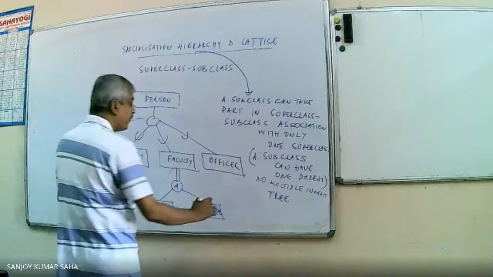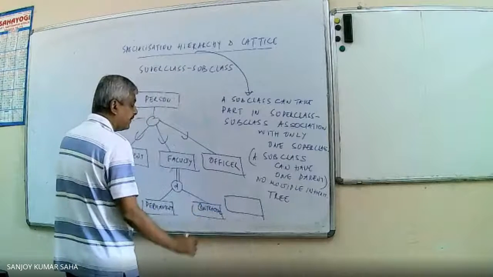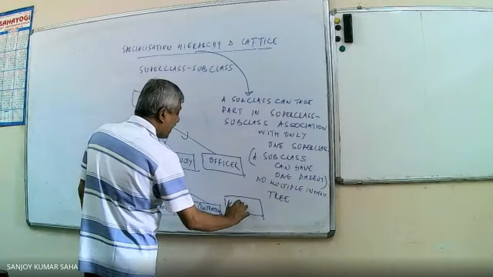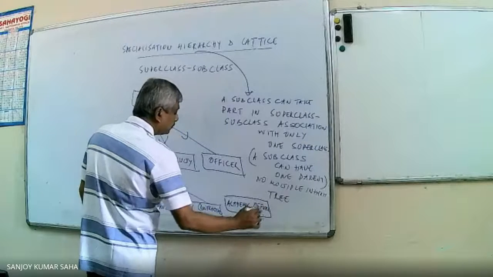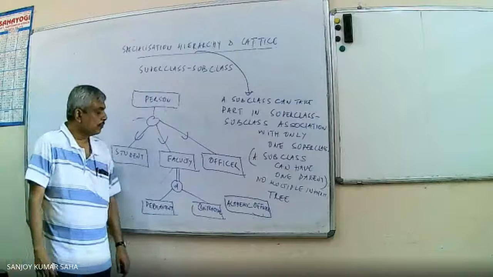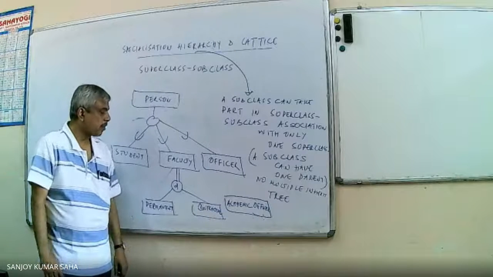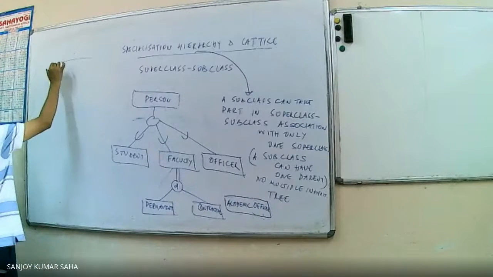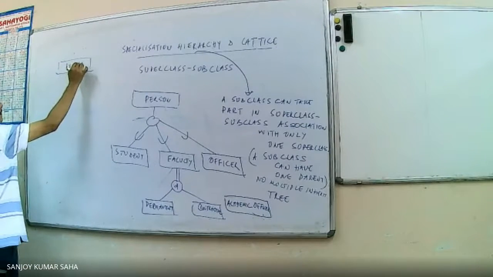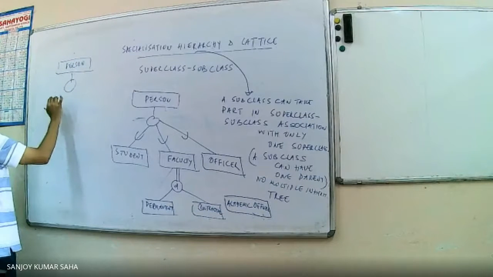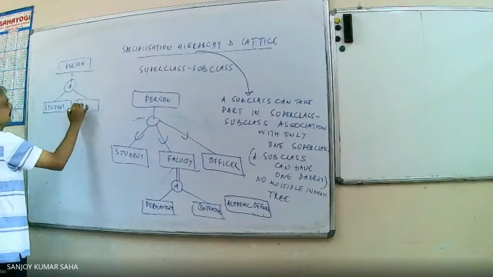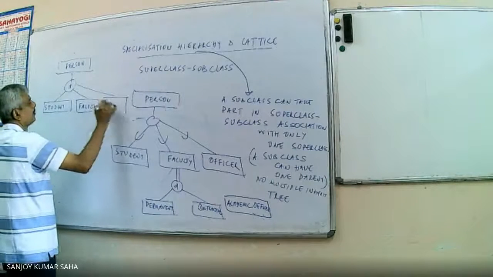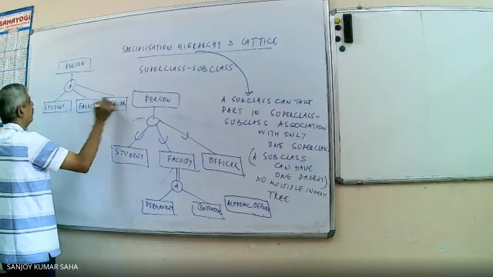Now suppose we have a subclass like academic officer, which will be, say, a person, say student, faculty, officer.